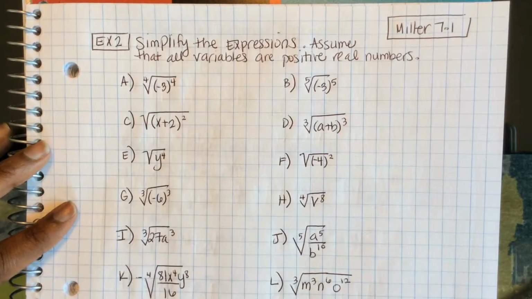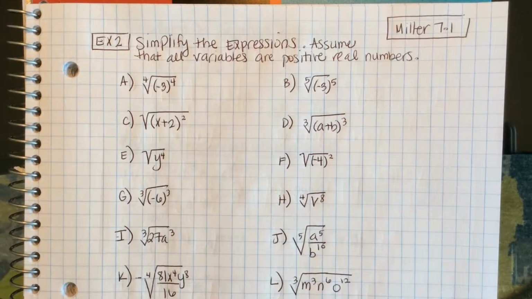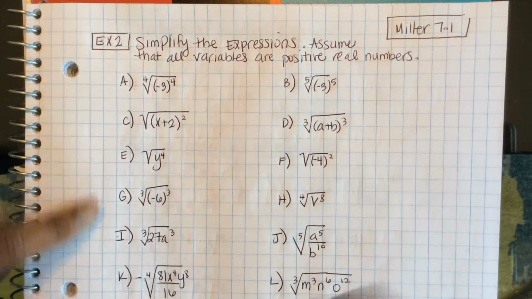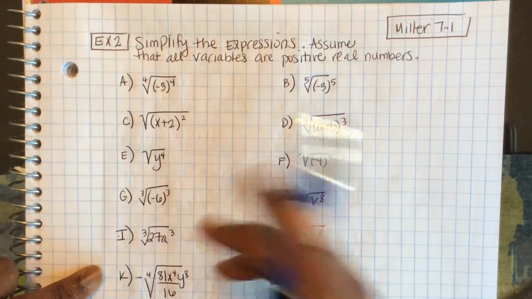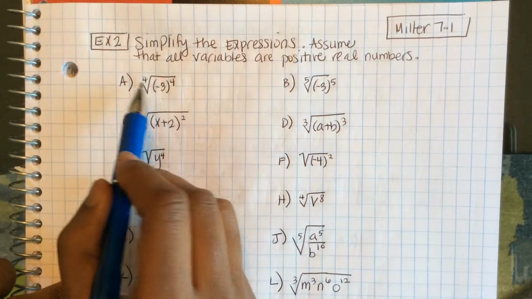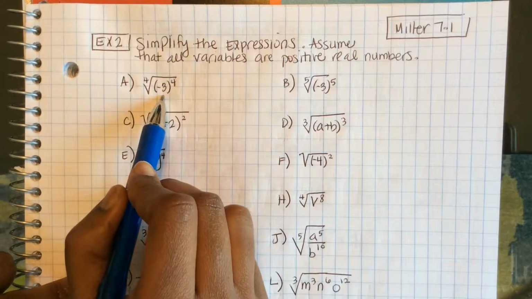So here in example 2, simplify the expressions. Assume that all variables are positive real numbers. So here I have the fourth root of negative 3 to the fourth power. Now some might think that would cancel out and just make negative 3.